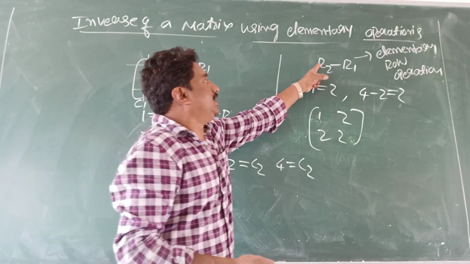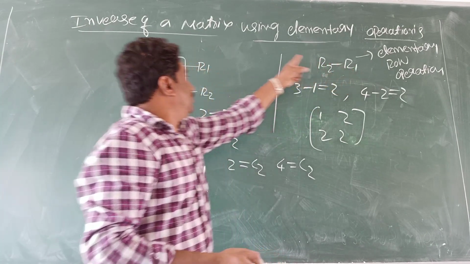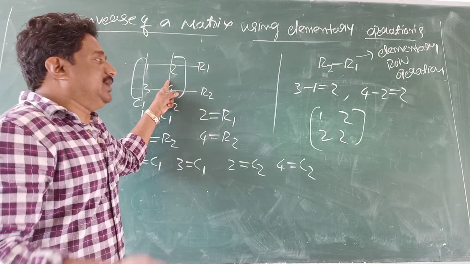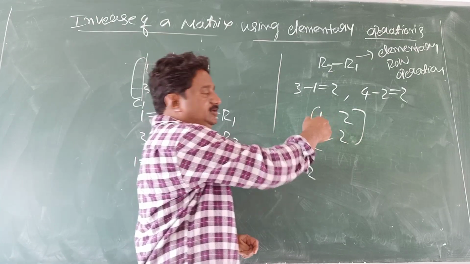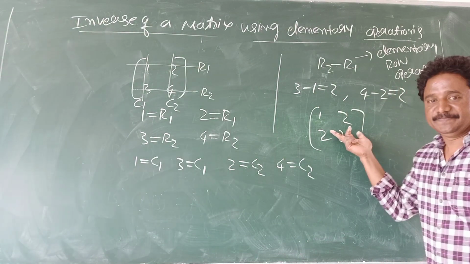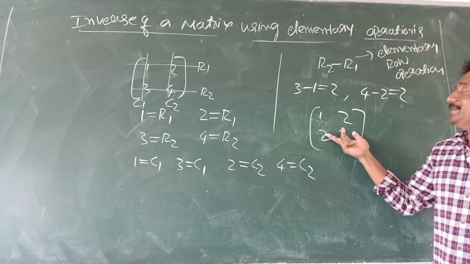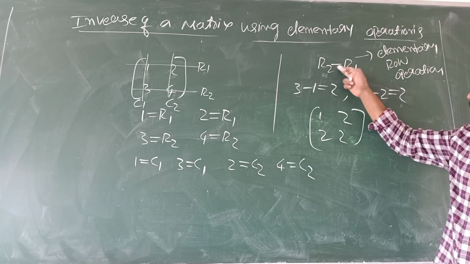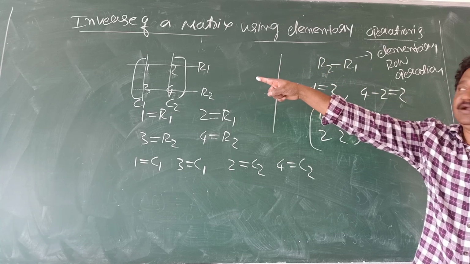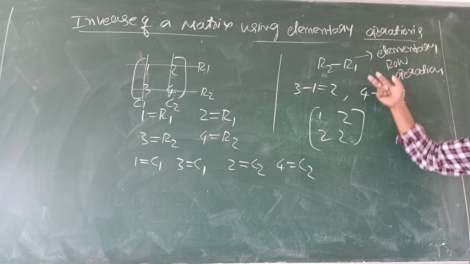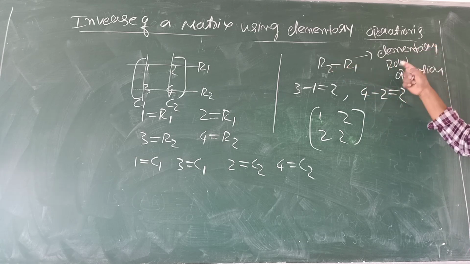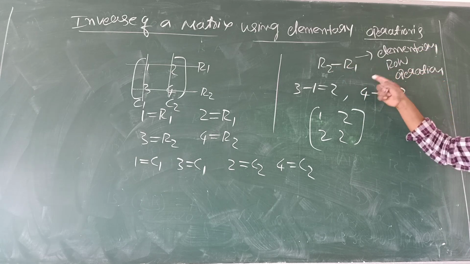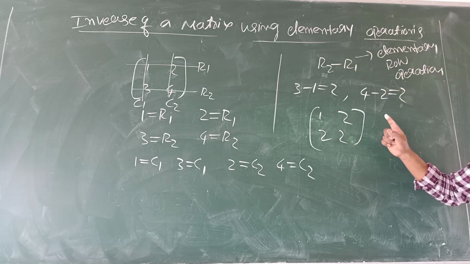If I operate R2 minus R1 on the given matrix, I get this new matrix. This operation is called an elementary row operation. I hope you understood.